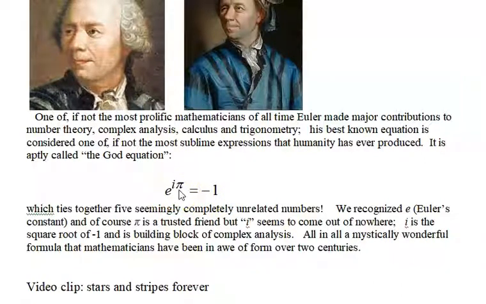Pi, the ratio of the circumference to the diameter of a circle. And i is this amazing number, the square root of -1. And people have been just amazed by this relationship. It doesn't make any sense, and that's why it's called the God equation. This is about as close to mysticism as we can come.